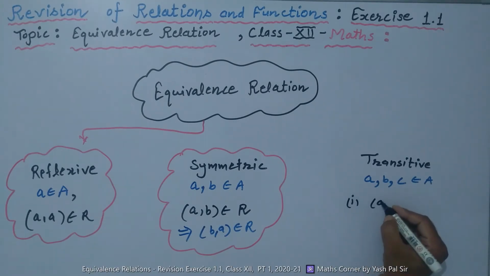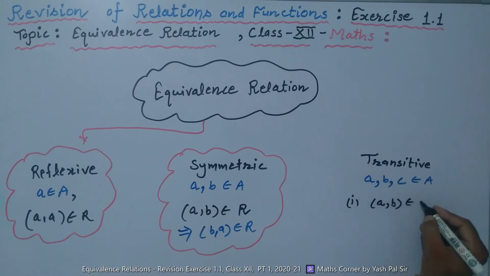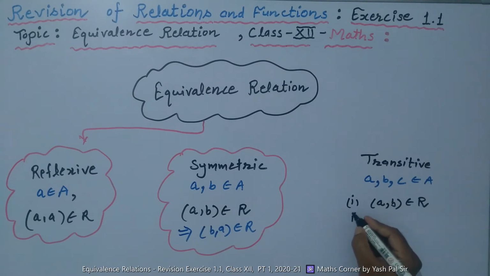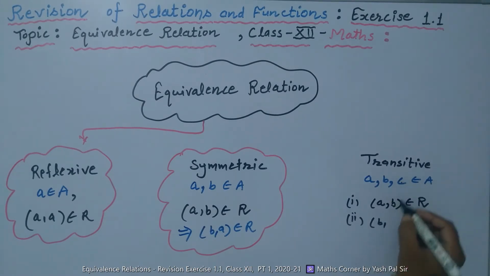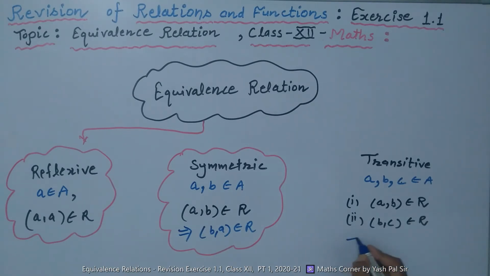First, the ordered pair (a, b) belongs to relation R. Second, starting from b, the pair (b, c) belongs to R. If these two pairs are present in R, and this implies the third pair, with the first element of the first pair and the second element of the second pair, (a, c), belongs to R, then we say the relation is transitive.